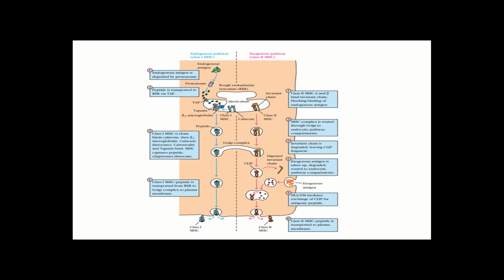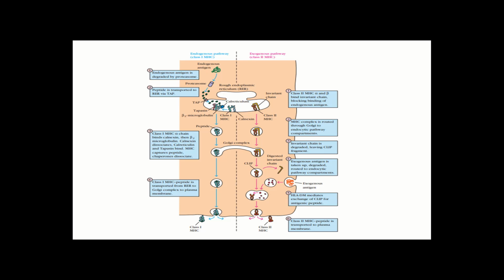it will be transported to the Golgi complex by this vesicle. This vesicle, which contains only the MHC class 1 protein and the antigenic peptide, will be budded off. Before this budding, or before the transport of this MHC class 1 along with the peptide to the Golgi complex, first the chaperones should be dissociated.